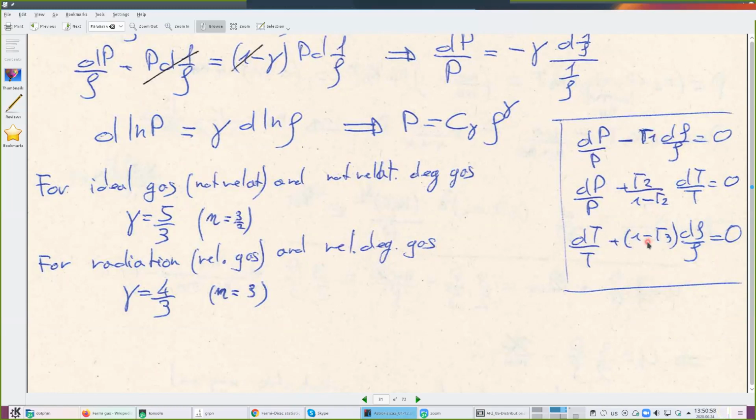These two values are the coefficients. When they are equal among them, you have the adiabatic case, and they are also equal to the adiabatic coefficient. For the monatomic gas, this value is 5/3, for radiation it is 4/3.